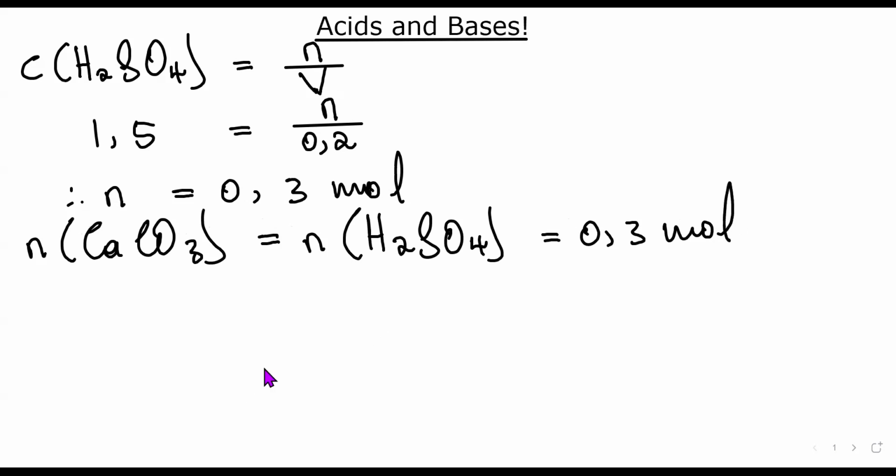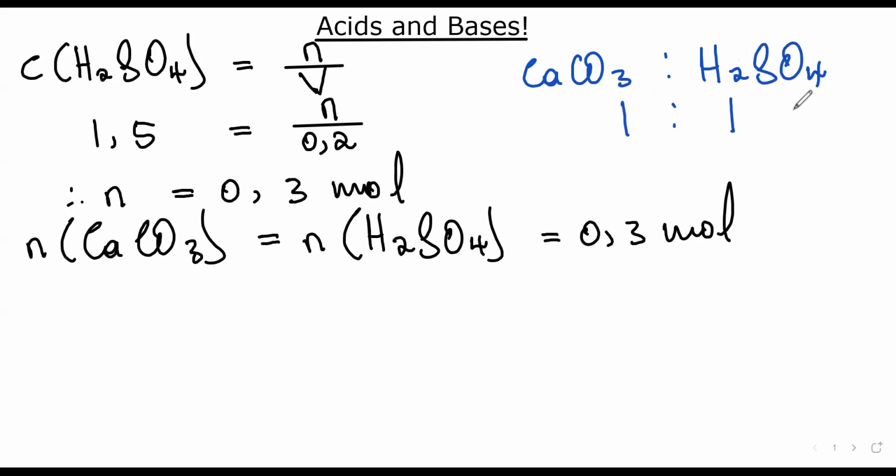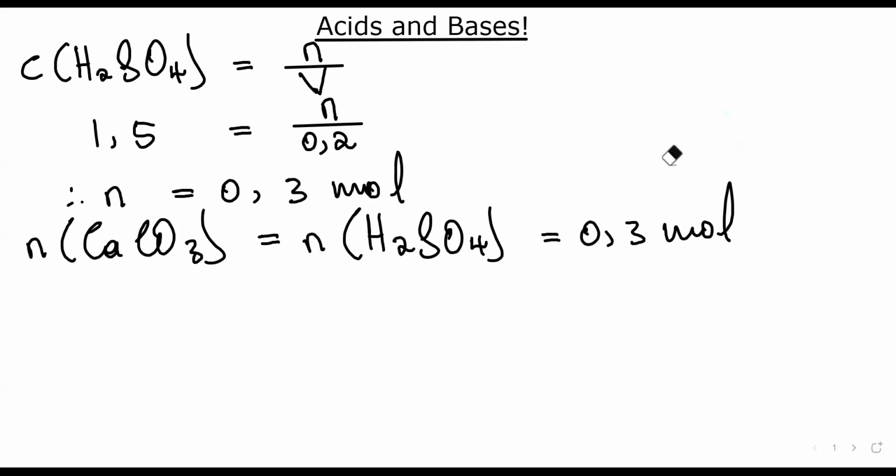But if you don't want to say this, then you'll have to tell us the ratio and say calcium carbonate and sulfuric acid react in a 1:1 ratio, which means that if you have 0.3 moles for sulfuric, you also have 0.3 for calcium carbonate. Well, you could have said it in either way.